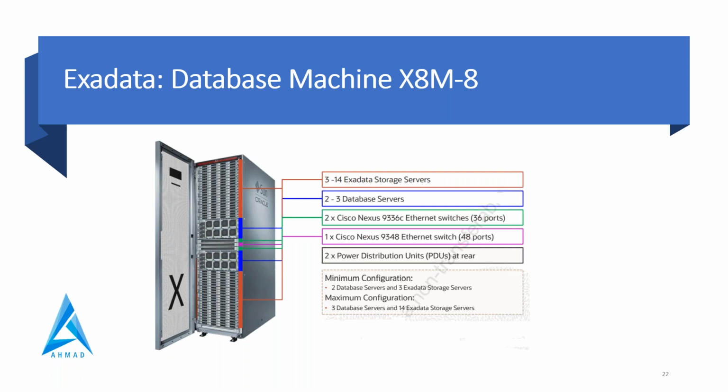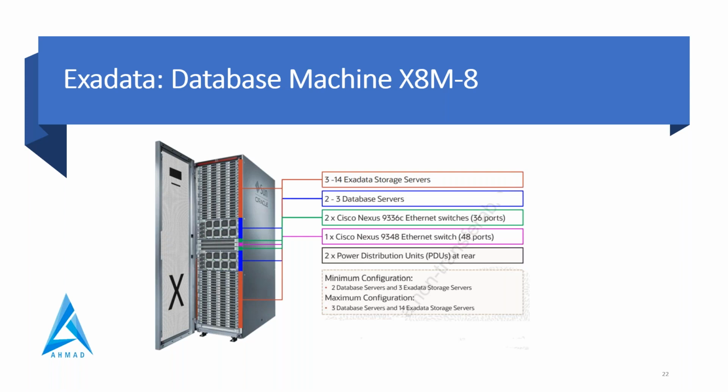So the Exadata machine X8M8 socket can be configured with the Exadata X8M2 storage server, including the extreme flash, high capacity, or extended storage server. So this X8M machine also supports elastic configuration.